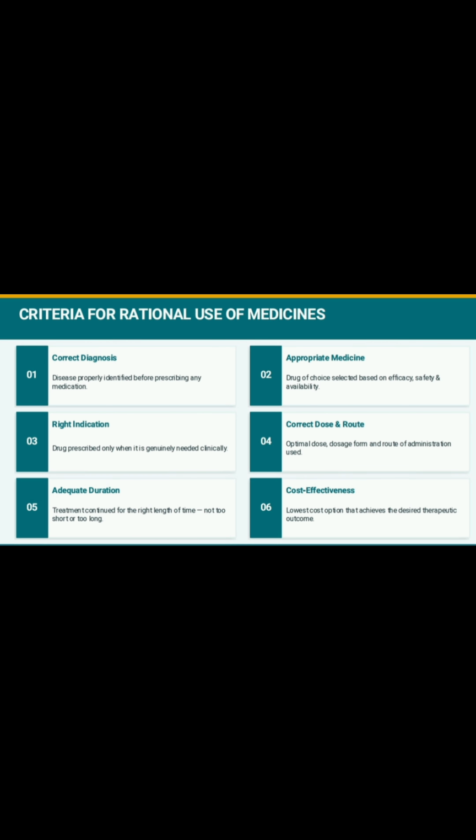It can be affordable to all. Along with this, some other factors like it should be correctly dispensed by the prescriber or the pharmacist. Appropriate patient counseling should be there, and most importantly, patient adherence is also important.